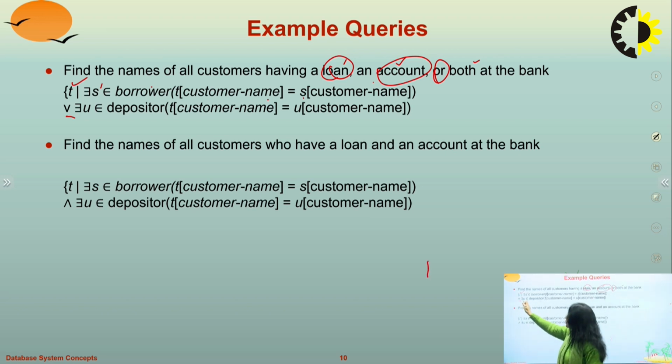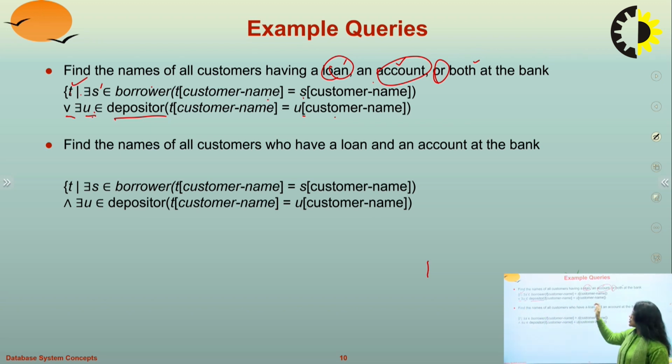Or there exists U, another tuple variable, for the depositor relationship, where we are establishing the relationship between T and U. T customer name is equal to U customer name.